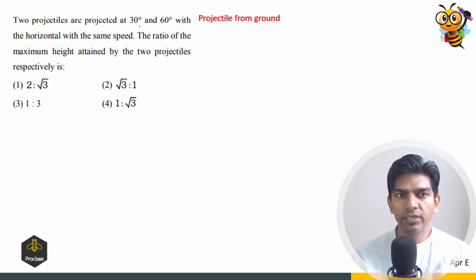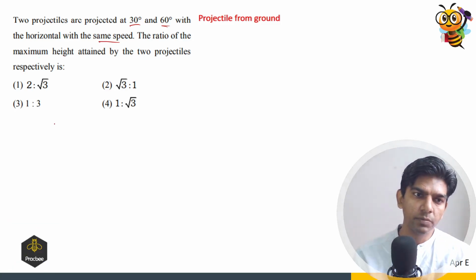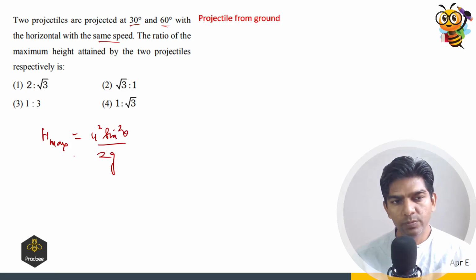Two projectiles are projected at 30 and 60 degrees with the horizontal with the same speed. The ratio of the maximum height attained by the two projectiles. So we have to find the maximum height. So H max is given as u square sine square theta by 2g. For the same speed, H max is proportional to sine square theta.